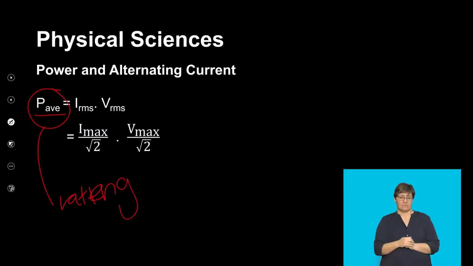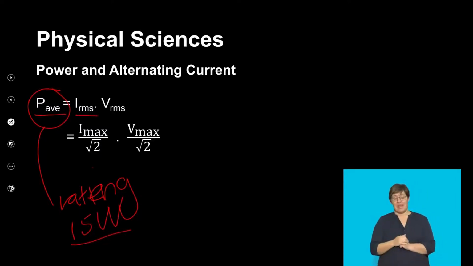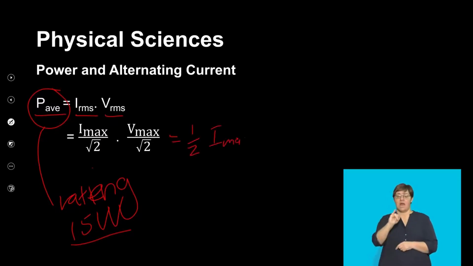So it will say to you that this is a 15-watt instrument. Well, that's the average power. And the average power is found by multiplying IRMS by VRMS. And if you do that, you'll see that root 2 multiplied by root 2 is going to give you a half, and then it's going to be I max times V max. And that's quite a useful formula to recognize.